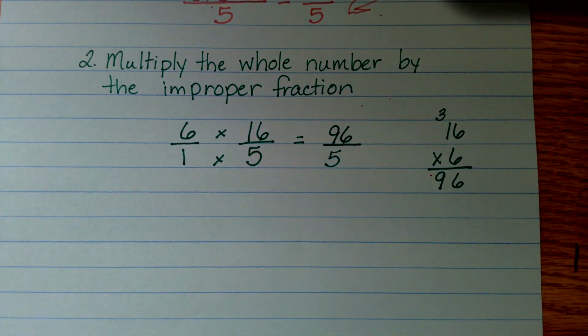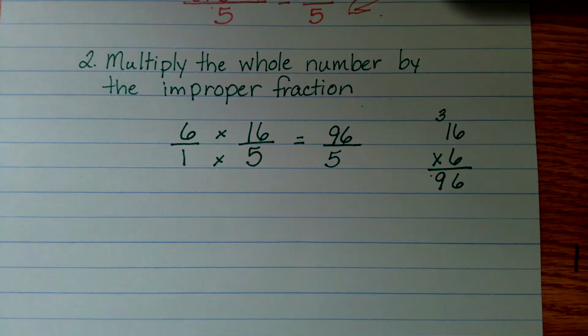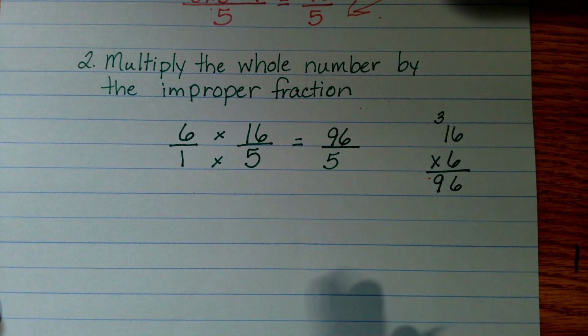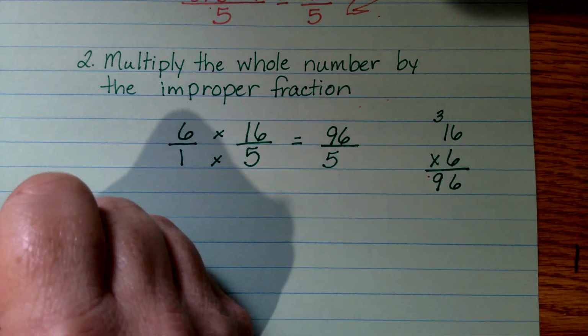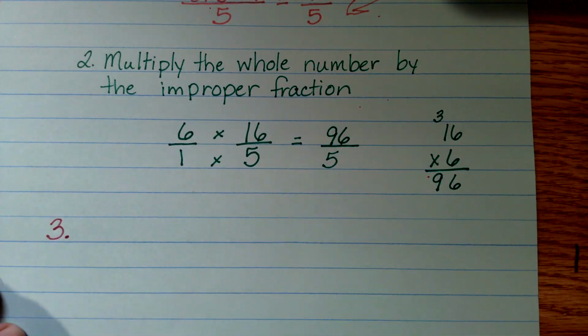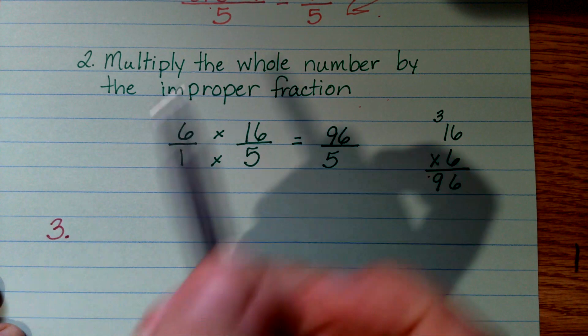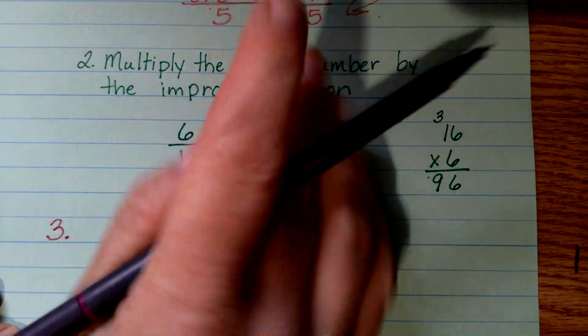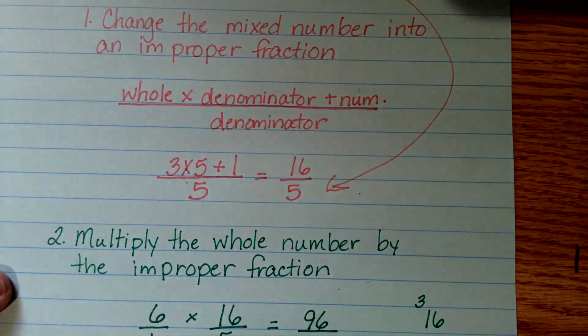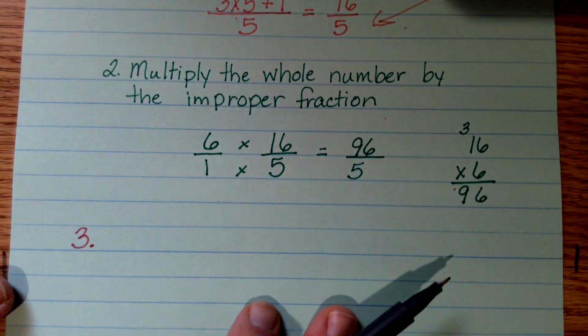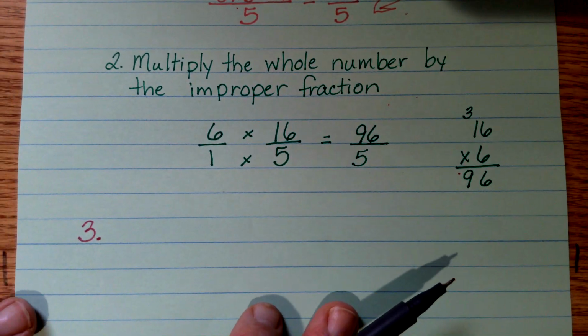Now, I'm not completely finished with this because now I have to take my improper fraction and turn it into a mixed number and simplify it. So step 3, and I think in your curriculum, it lists it as more steps because they actually break down the part where we did the changing to an improper fraction into a separate step.